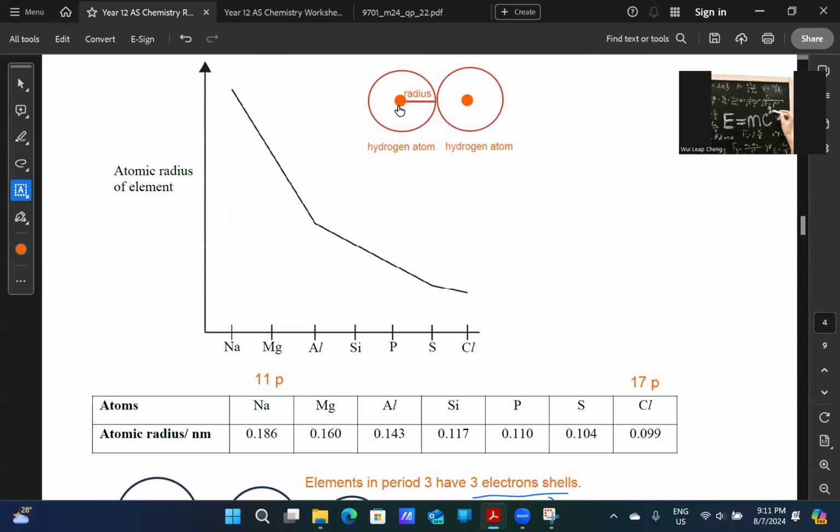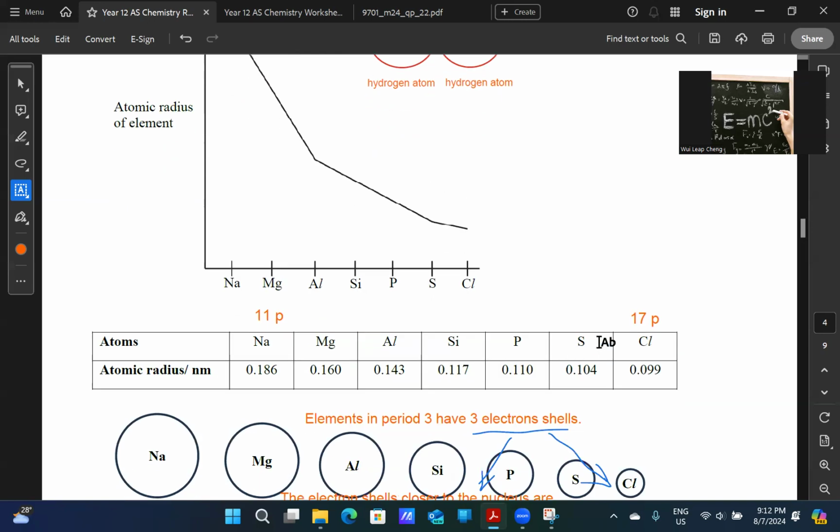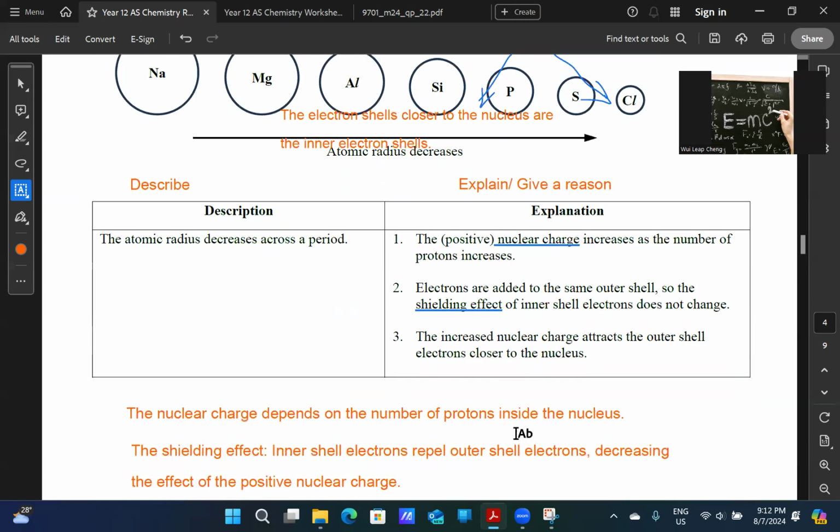As you know, the nucleus is positively charged, am I right? As the nuclear charge increases, it can more easily attract the outer shell electrons toward the nucleus. So the size of the atom will reduce. Okay?